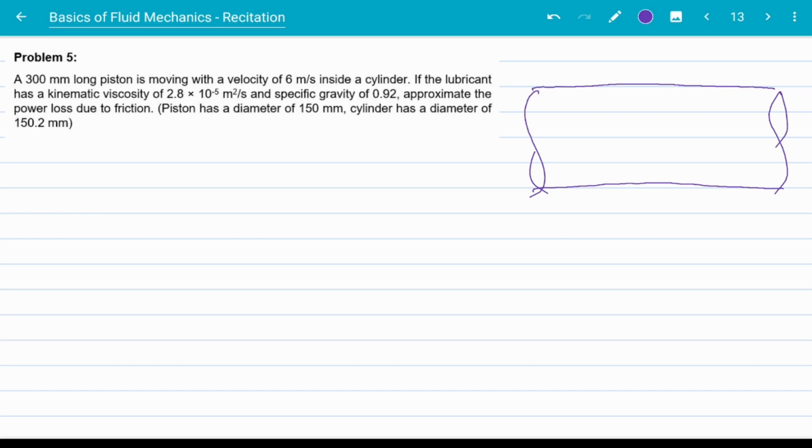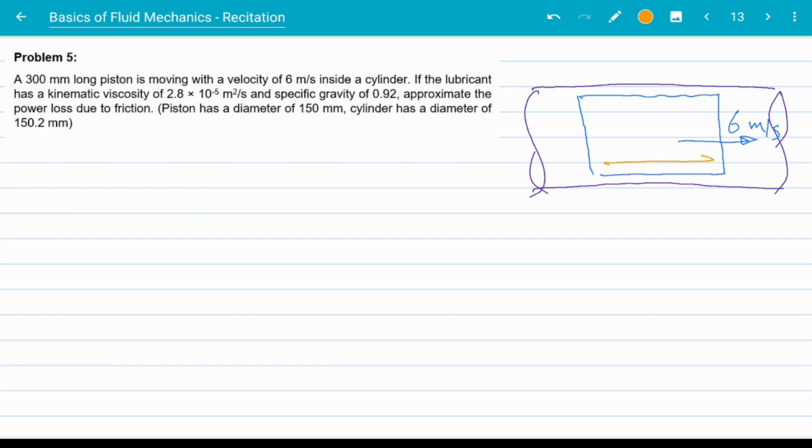So this is the cylinder. This is the piston inside, moving, let's say, to the right with a velocity of 6 meters per second. Now some dimensions are also given.